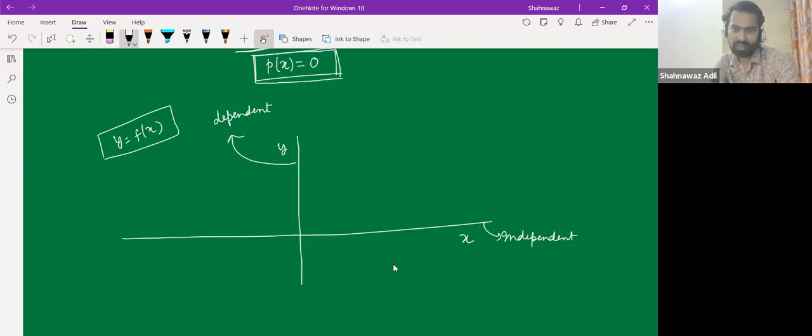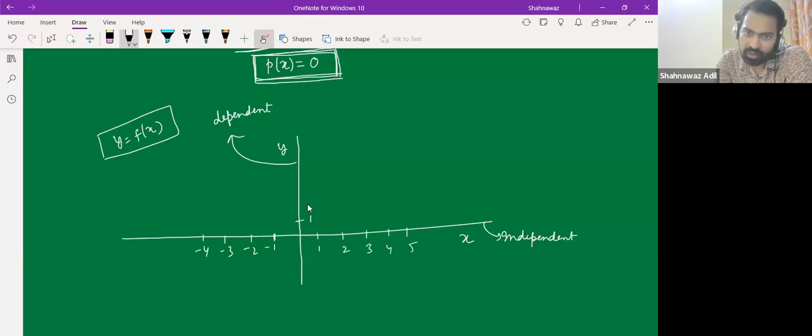Before we talk about the graphical representation, you guys tell me: let's say this is -1, -2, -3, -4, this is 1, 2, 3, 4, 5.